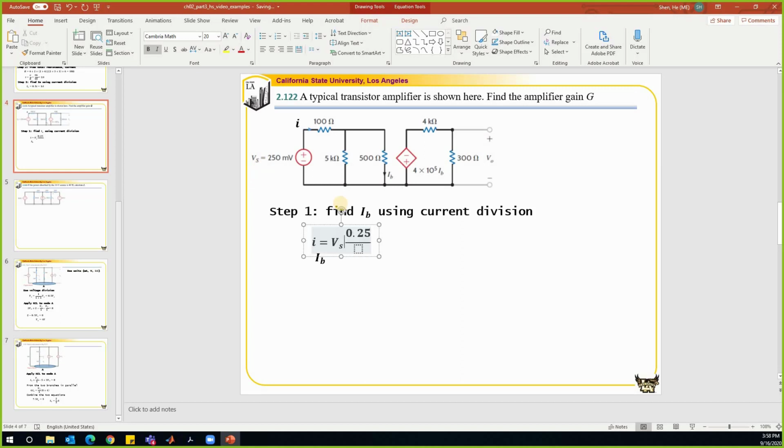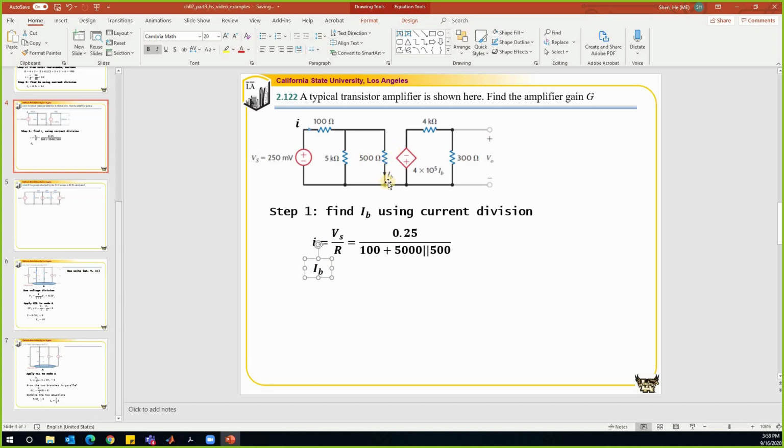So that is equal to VS over the total resistance. The VS is equal to 0.25 volts. And the total resistance, that is the resistance for this network, which is 100 plus 5K, 5,000 in parallel with 500. So that is how we find the total current.